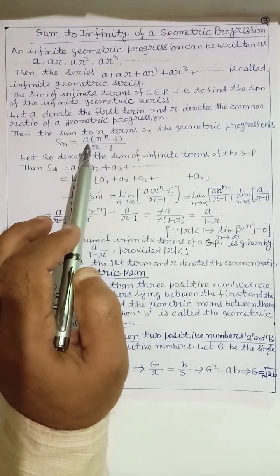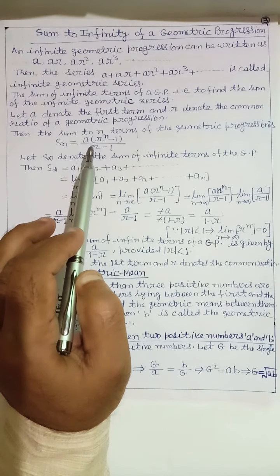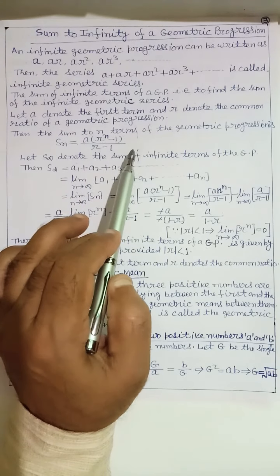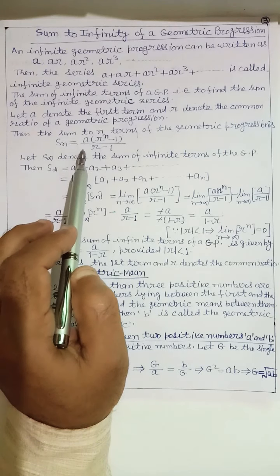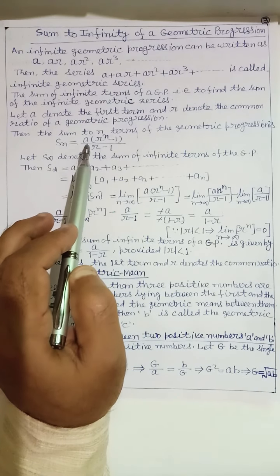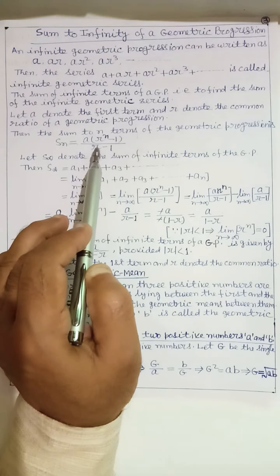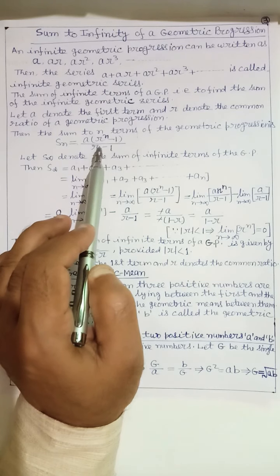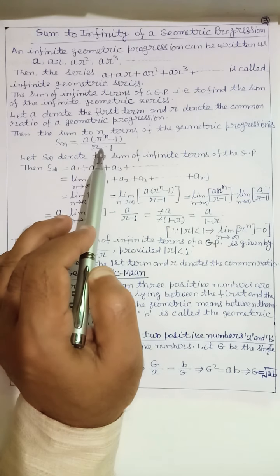Dear students, if r is less than 1, in that case we use the formula which we have discussed above, that is Sn is equal to a into 1 minus r to the power n by 1 minus r.